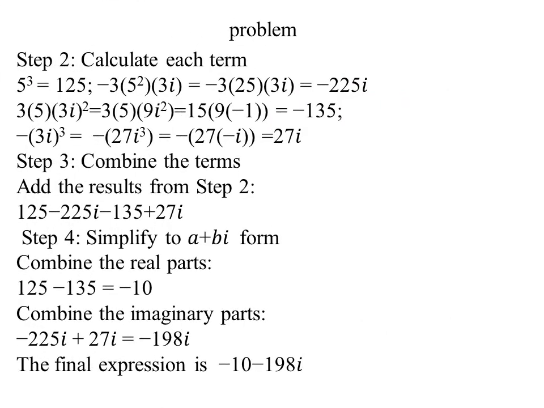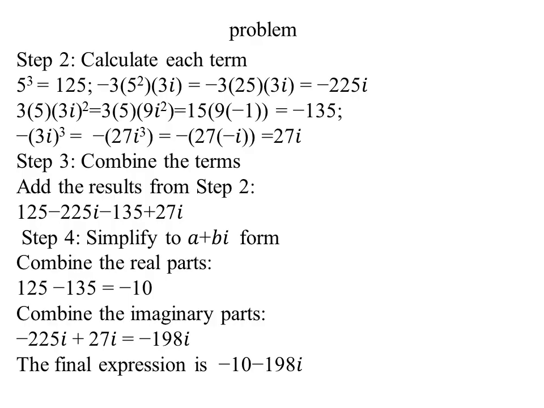After this, in step 2, we have to calculate each term. We know that 5 cube is 125, and minus 3 into 5 square into 3i is minus 225i, and 3 into 5 into (3i) square is minus 135, and minus (3i) whole cube is 27i.